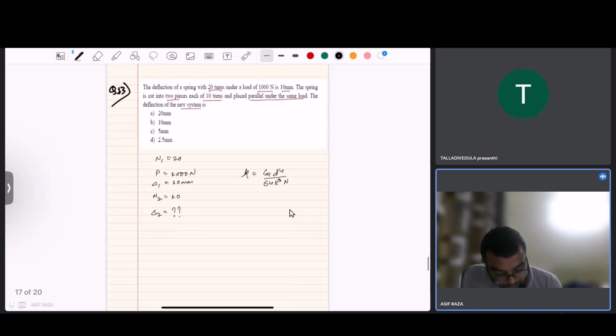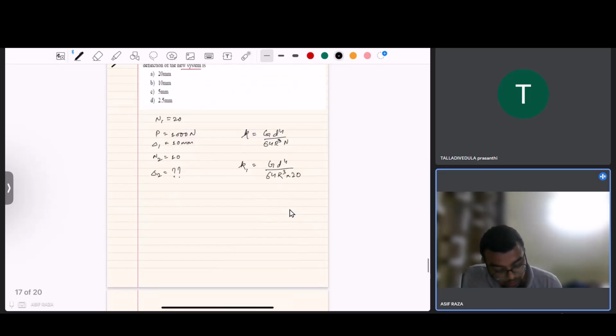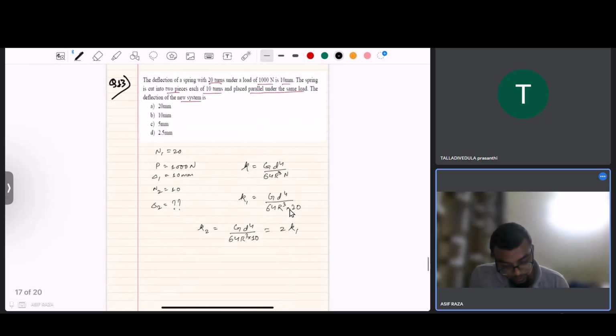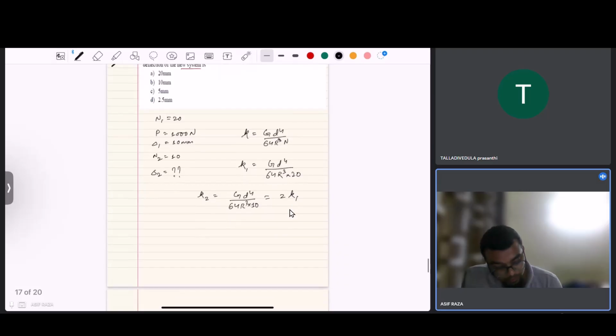Now if I write K1 as G d^4 over 64 R^3 times 20, so what would be my K2? That would be G d^4 over 64 R^3 into 10, and this would be equal to, if I write here, 20 to 10, half of K1, right?